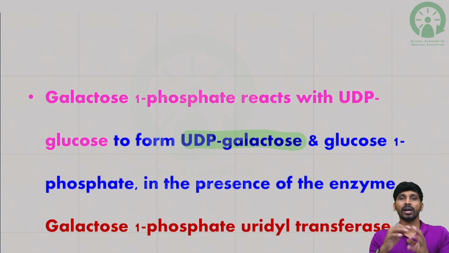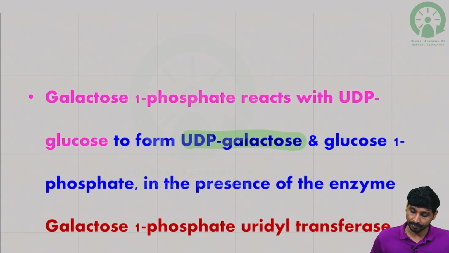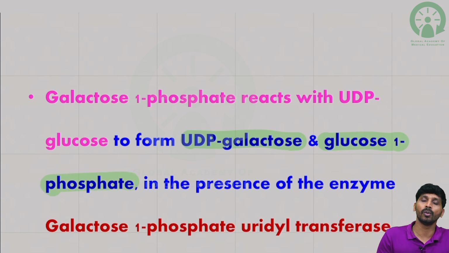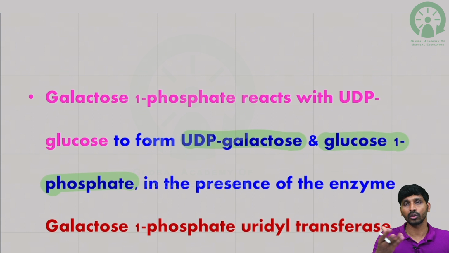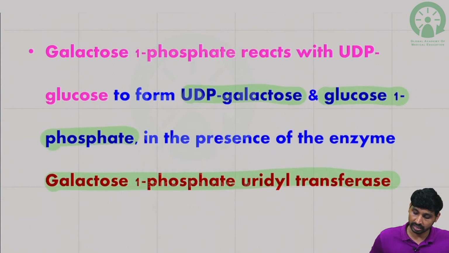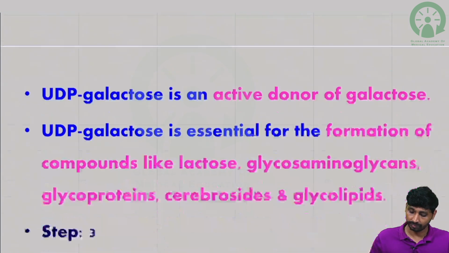In place of glucose, galactose binds, and glucose 1-phosphate is released in the presence of the enzyme. This glucose 1-phosphate will be converted back to glucose 6-phosphate, and it will be involved in gluconeogenesis or free glucose formation.